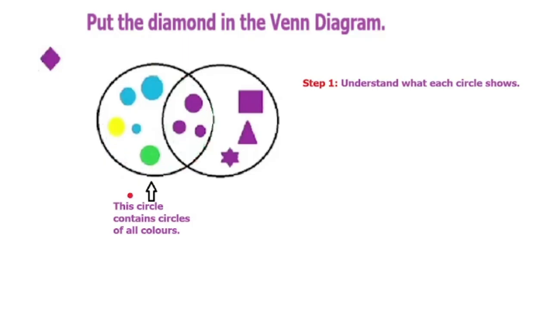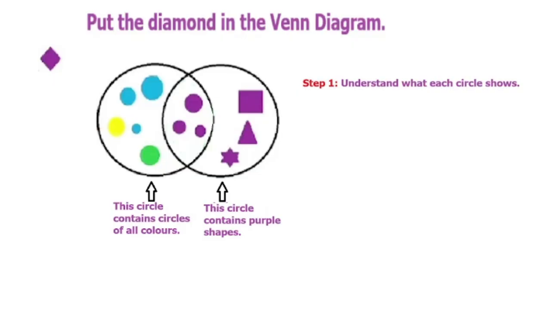Circles of all colors, okay? This circle shows only purple shapes, right? So shapes, all types of shapes, but purple. This one only shows circles of all different colors, okay?